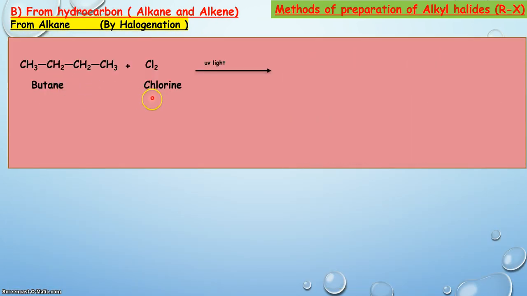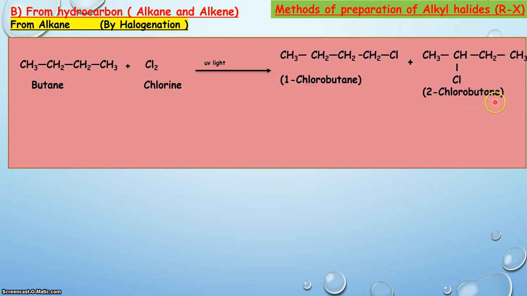Here is the example of chlorination of butane. During this chlorination of butane, we can replace this terminal carbon's hydrogen by chlorine. So the product you will get is 1-chlorobutane. The next possibility, we can replace the hydrogen from this second carbon atom and the product we will get is 2-chlorobutane. There are many more possibilities, like replacing two hydrogens, that is one hydrogen from the second carbon atom and one hydrogen from the third carbon atom, with two chlorine atoms.